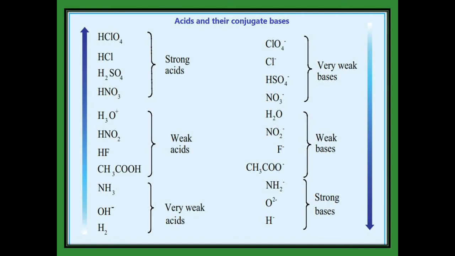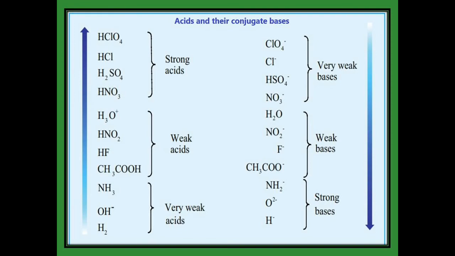First perchloric acid, next HCl. Cl minus is a weak base because HCl is a strong acid, and H2SO4 is a strong acid. Its conjugate base HSO4 minus is a weak base, and HNO3 is a strong acid. Its conjugate base NO3 minus is a very weak base. Then the hydronium ion is a weak acid, and water is a weak base.